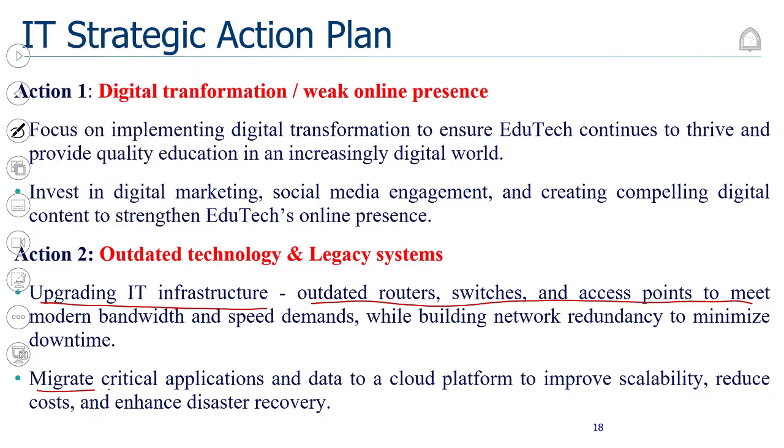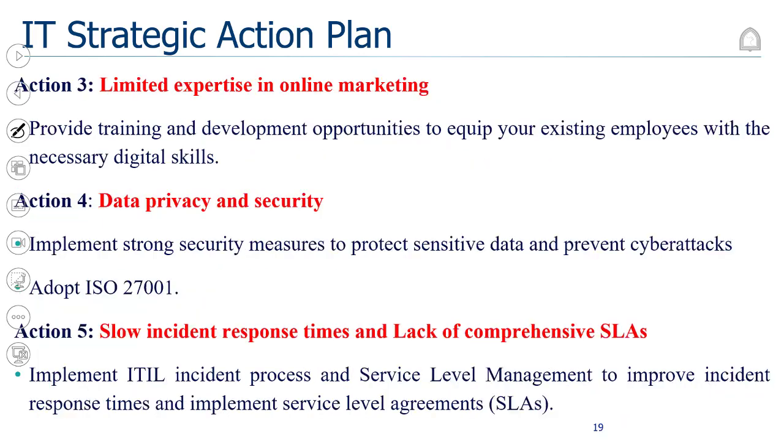It's you as the IT person who's going to tell them what to do. You look at the pros and cons. You can choose to do nothing, or you can choose to either upgrade or migrate to the cloud, depending on which one is feasible in terms of financial, technical expertise and everything else. You choose the best action that you're going to do.